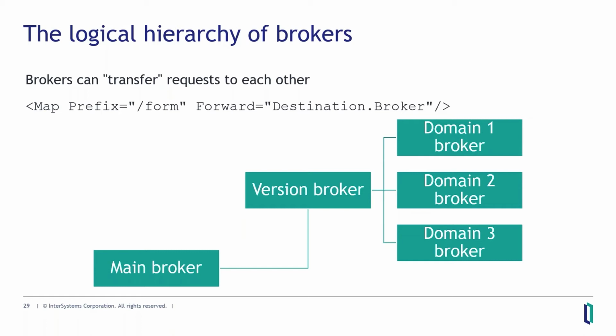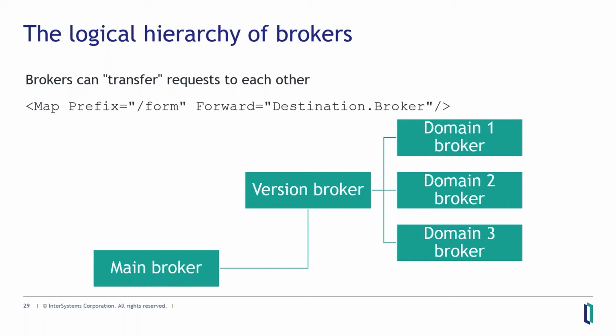First of all, we have a main broker, which is actually written as a dispatch class in our web application. Next, we have version brokers for each of the versions of our REST API. And next, we have domain brokers. For example, all paths which modify and work with the user domain are one broker.